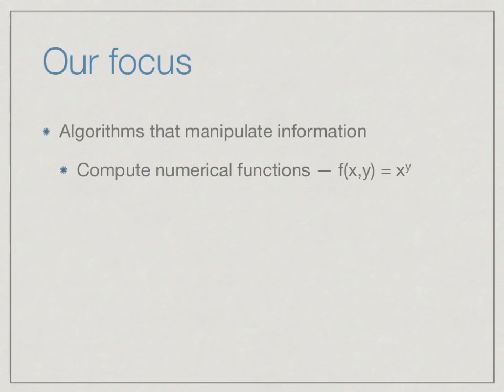We have seen any number of such functions in school, for example, to compute the square root of x. What we do in school is we have a complicated way to compute the square root of x, or we might have x divided by y where we do this long division and so on. These are all algorithms which compute values given one or more numbers. They compute the output of this function.